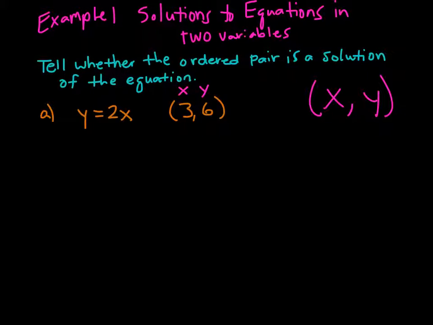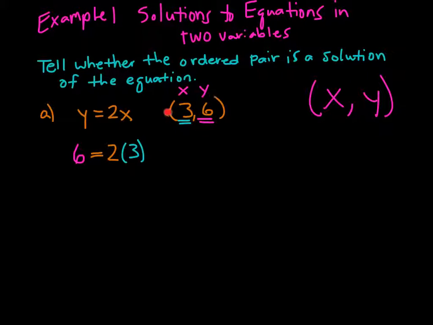So now we just need to plug in. I'm going to plug in my y value of 6, so now it becomes 6 equals 2 times my x value, which happens to be 3. I plugged in my y value of 6 from here, and my x value of 3 from right here.